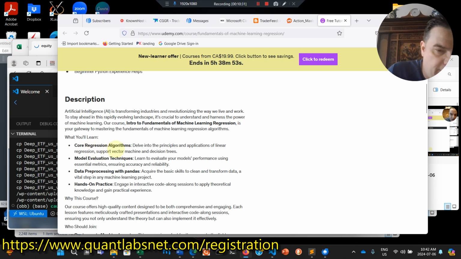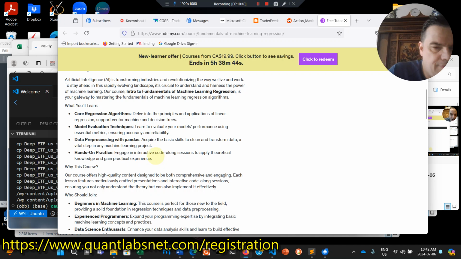So what you'll learn is core regression algos, delving into the principles and application of linear regression, support vector machines, and decision trees. There are other areas that I said I can cover, but these are the basics leading into machine learning.